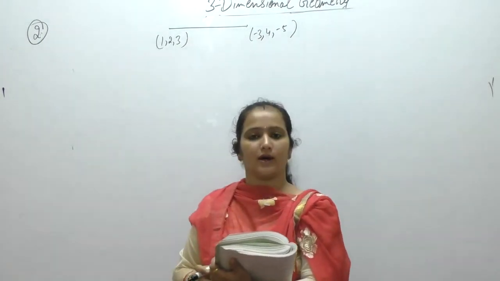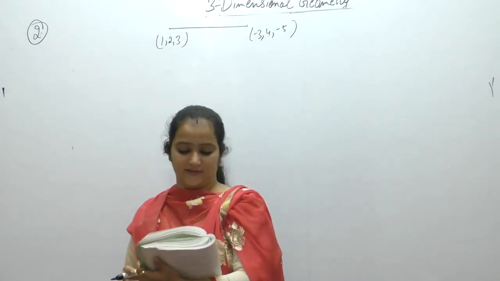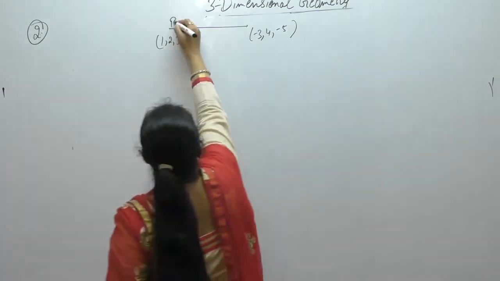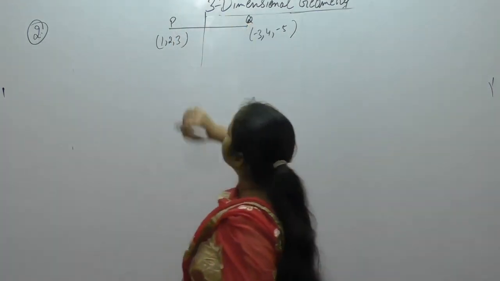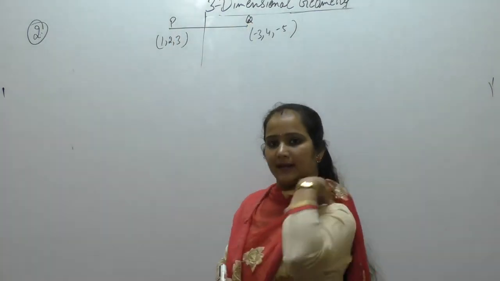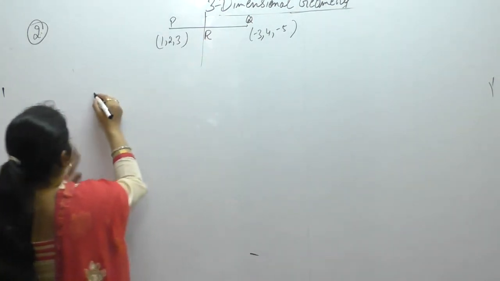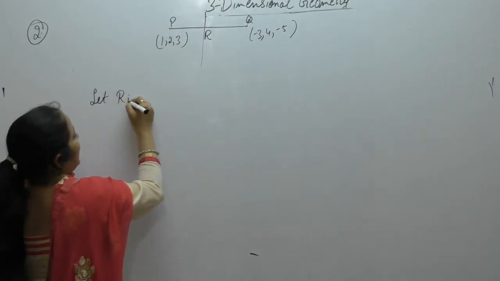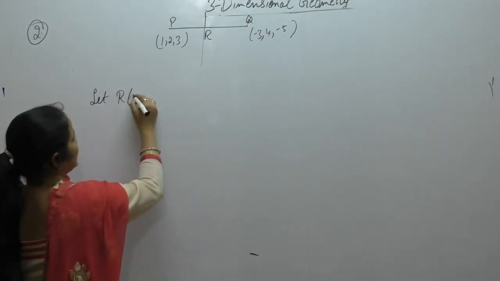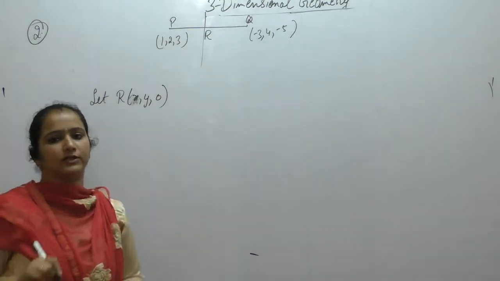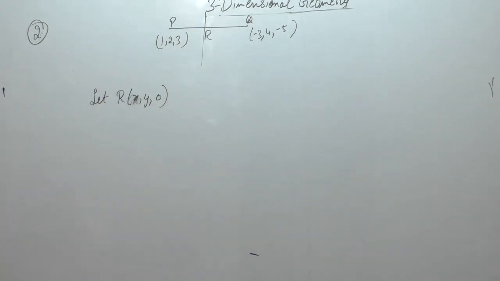Also find the coordinates of the point of division. Suppose the line segment, this is line segment PQ, it is divided by the xy plane, then its z coordinate is 0. Let this point R be (x, y, 0). Because it is in the xy plane, therefore z coordinate will be 0.